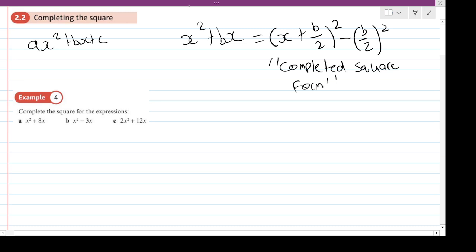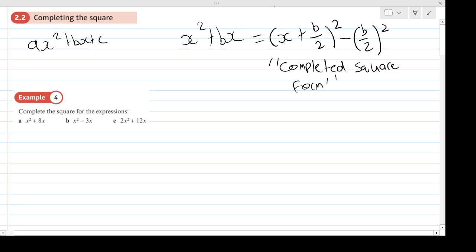Obviously, you're going to get fractions, but don't be afraid of it. You should know how to multiply fractions. We looked at expanding brackets like this in the first chapter. So actually, this would be a good exercise to test that skill. But essentially that's what this chapter is going to look at, which is writing stuff in this form and then how we can use it.